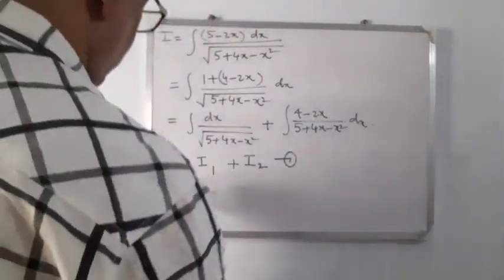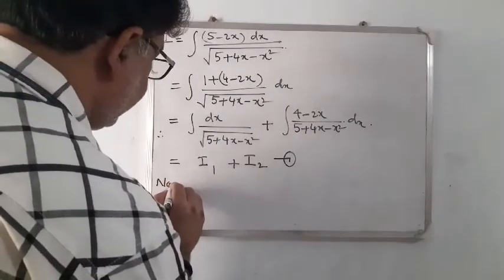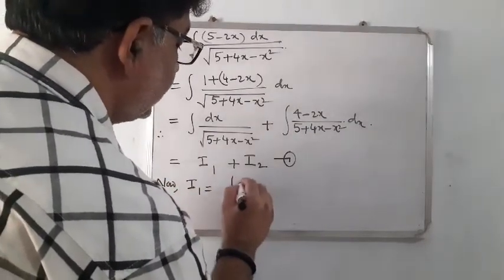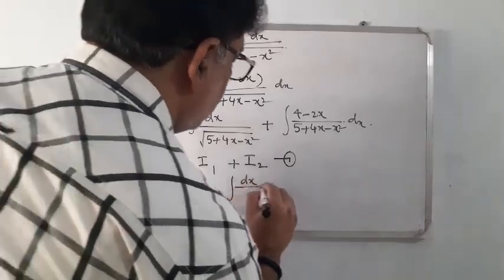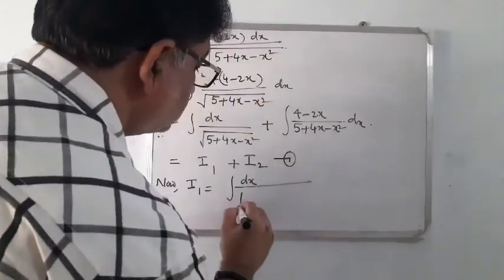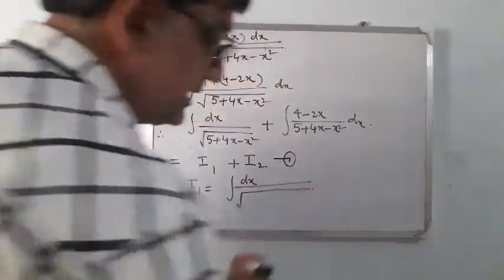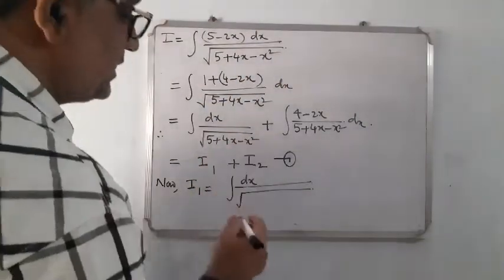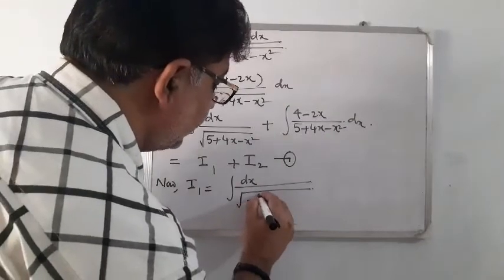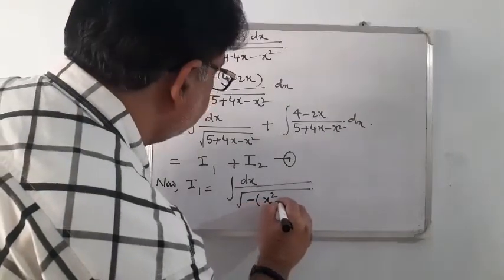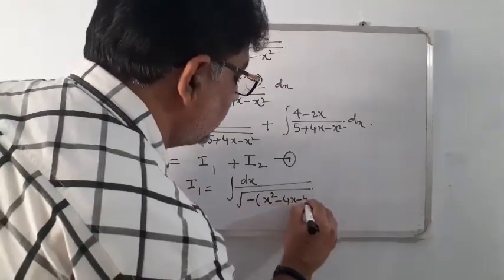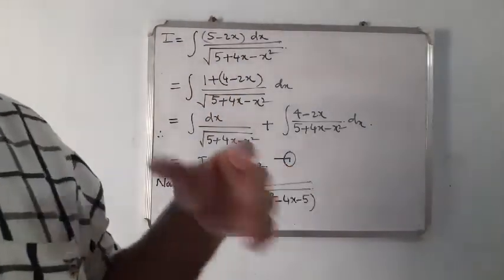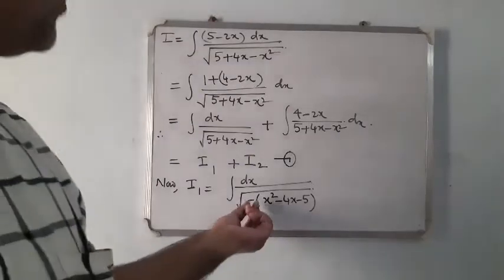Therefore, now I1 is equal to integral dx by root over, within the radical sign we have minus, so we should take minus common, and in the bracket x square minus 4x minus 5.